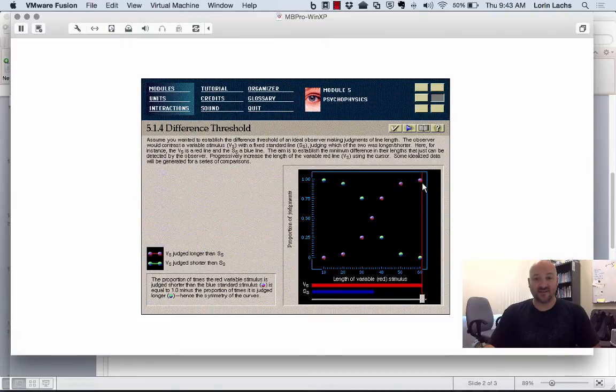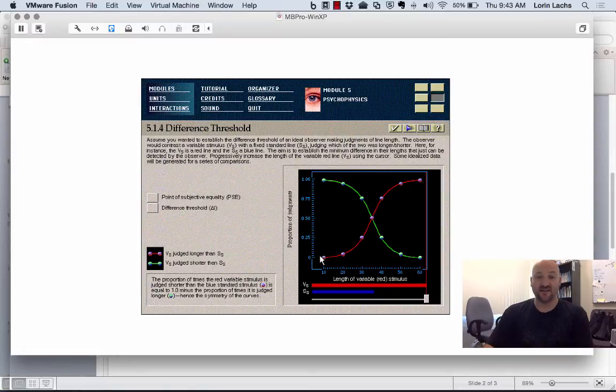Now on these axes, they've also plotted with the green dots the number of times people say the red line is shorter than the blue line, and that goes exactly opposite to the purple line. So once we connect those dots, the red line now represents the proportion of times people judge the red line to be longer than the blue line.